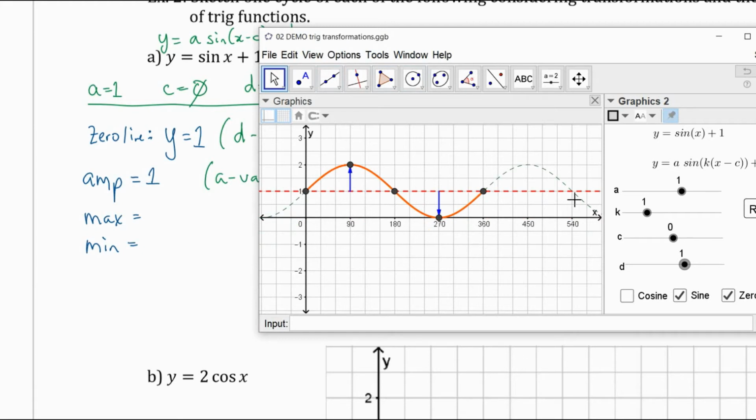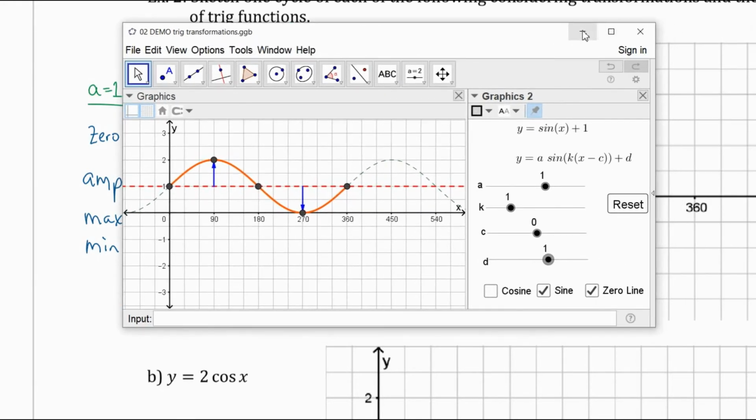That means the maximum is the zero line up the amplitude, and the minimum is the zero line down the amplitude, right? That's the relationship between the amplitude and the max and the min. The zero line is the middle, and I go up the amplitude to the max and down the amplitude to the min. That's just the way that it works.